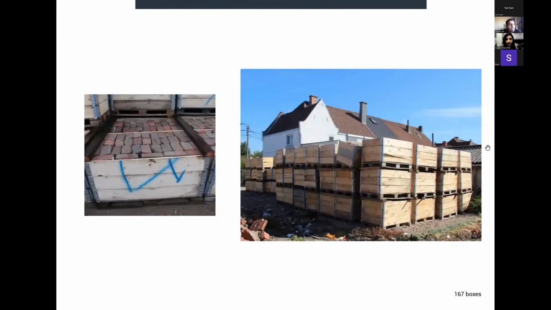By demolishing all the buildings, we could recuperate around 167 boxes of bricks, and they were segregated in terms of quality. Certain bricks would be used as a facade, or broken chips would be used in gabion walls, or rubble, or in some places where it forms a horizontal band of parapet wall, things like that.